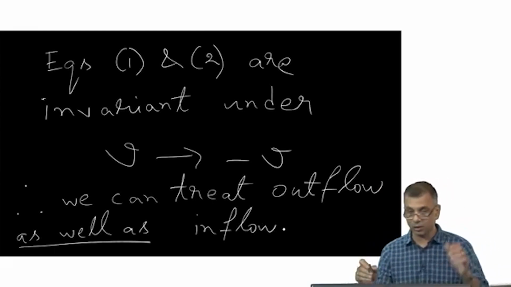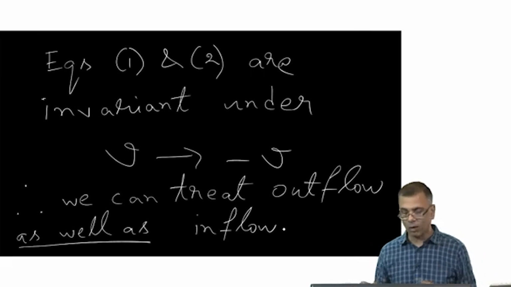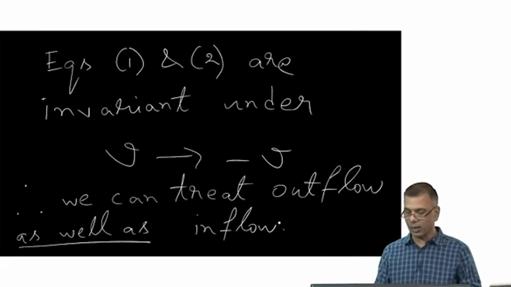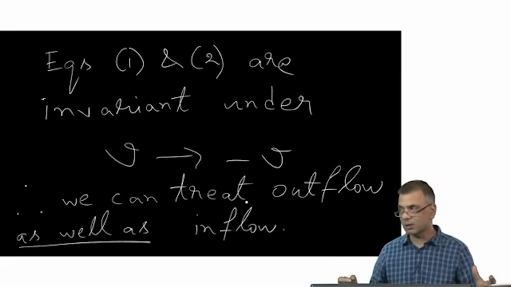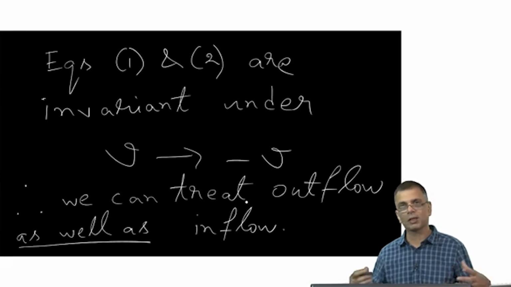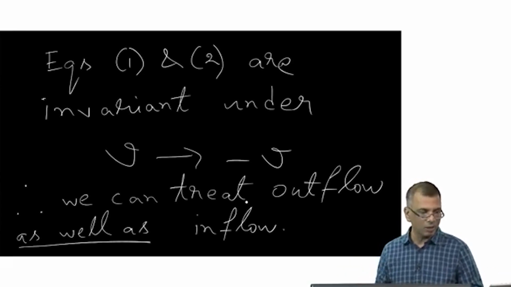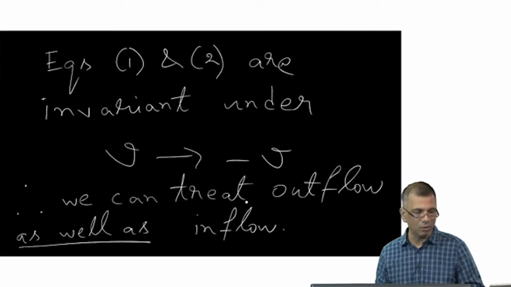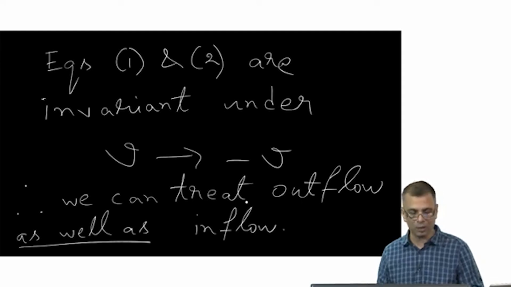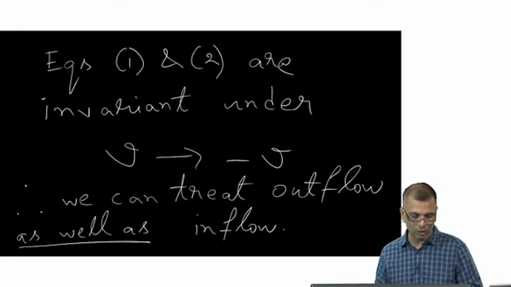In other words, we can treat the problem of a spherically symmetric outflow, which would be the solar wind, as well as a spherically symmetric inflow, which would be spherically symmetric accretion onto a compact object. Both of these can be treated uniformly using the same formalism.